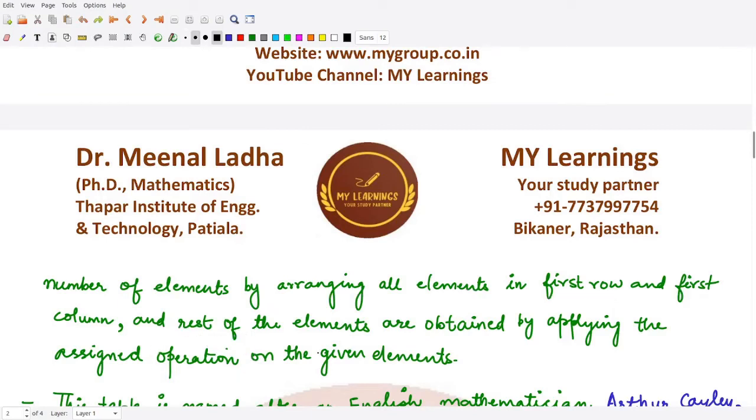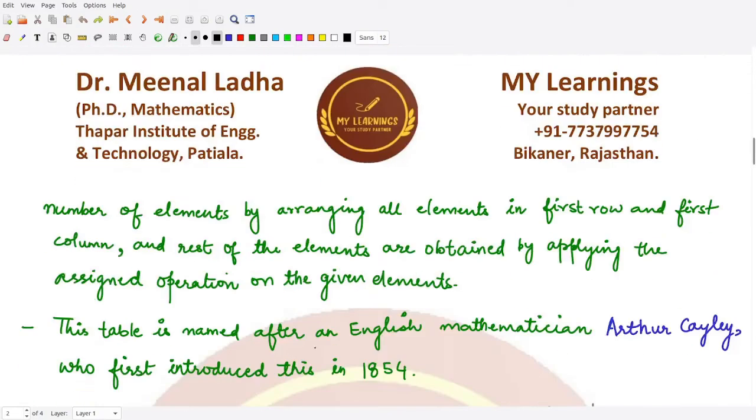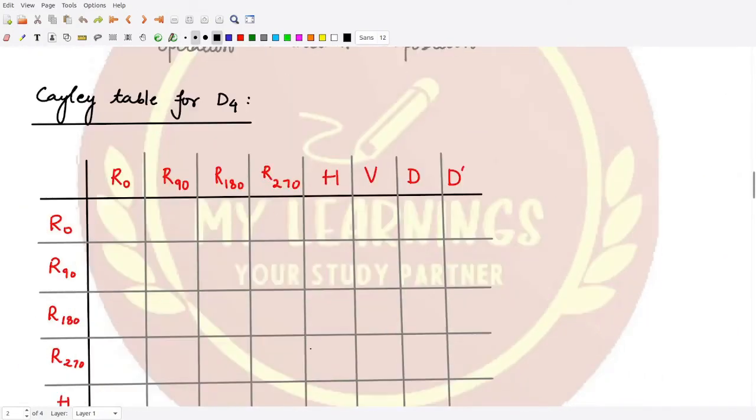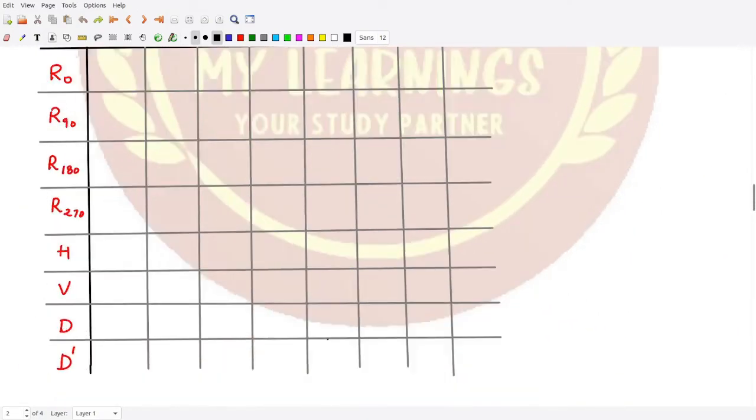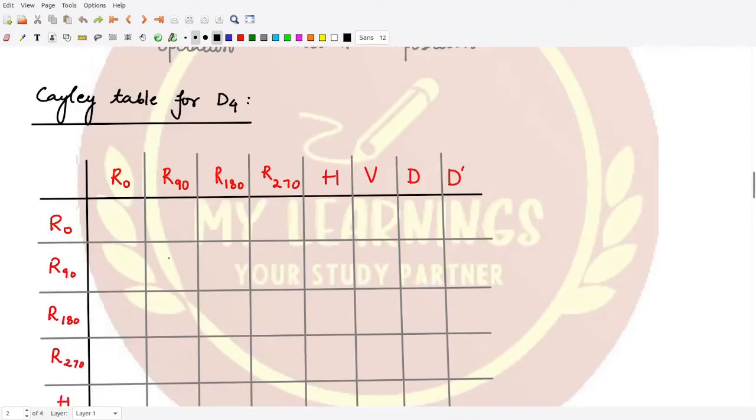Now you will not get it at once, so let me show you. This is the Cayley table. What you are doing is writing all the 8 elements first in this given row, row-wise, and then writing all these 8 elements column-wise in the first column.